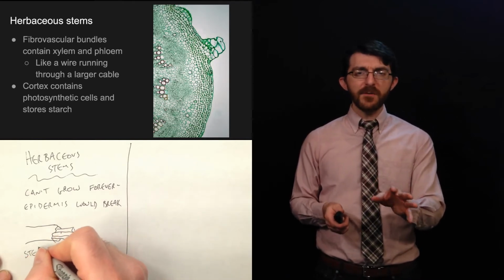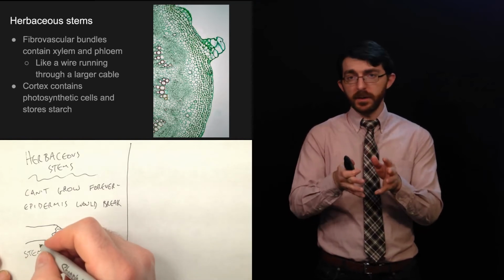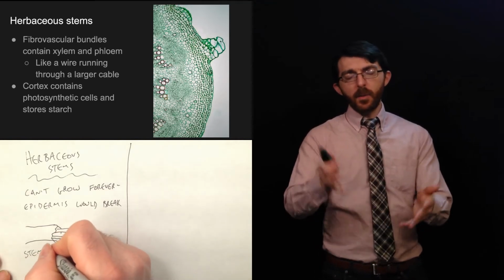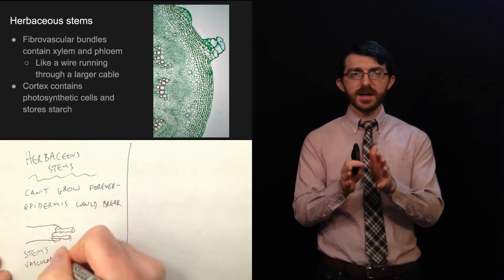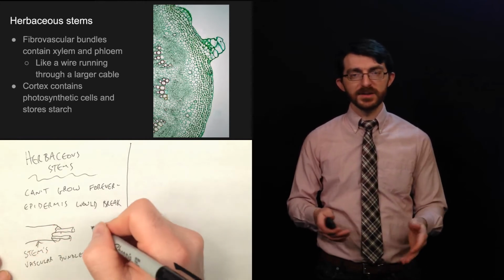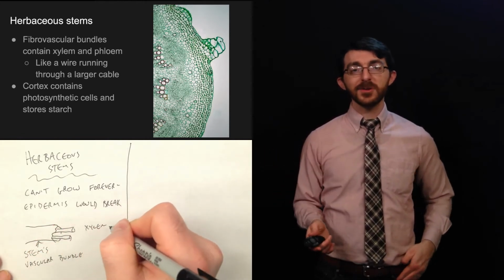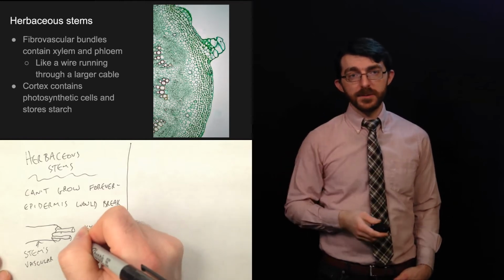Or maybe like how you have an HDMI cable, which actually has a bunch of wires running through it, or a network cable or a phone line, anything that has a whole bunch of wires running inside of it. That's what a fibrovascular bundle is, except obviously it's not wires conducting electricity. They are bundles of xylem and phloem carrying water and dissolved materials.